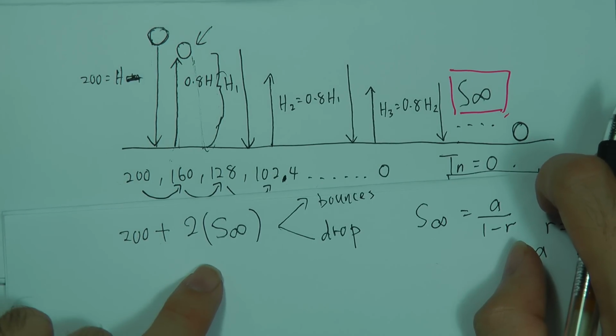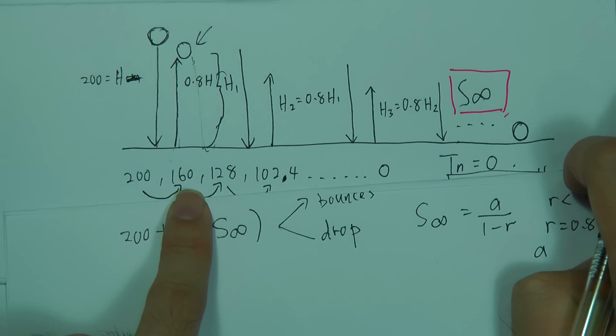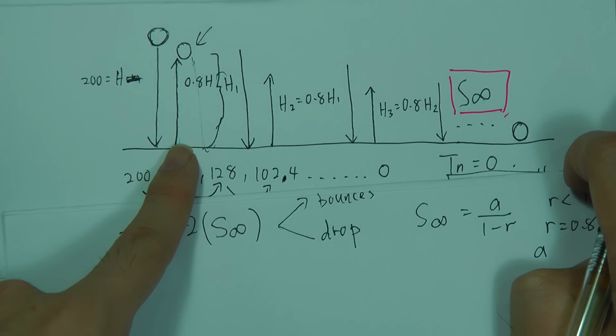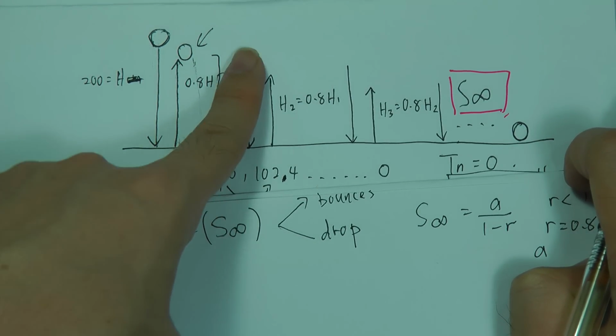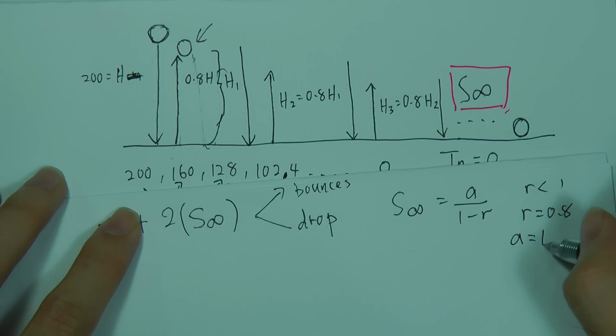And then the a over here is not 200, must be careful. Because this is bounce up and drop down, the a should start at 160. Start from 160 only, he bounces and drops. So a is 160.